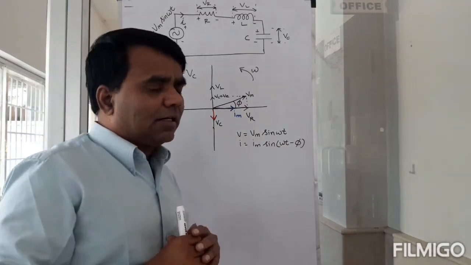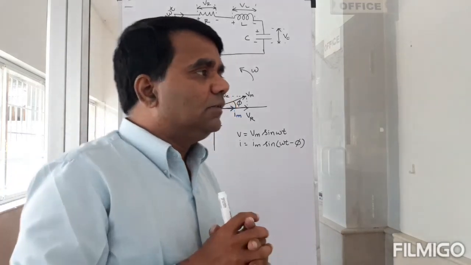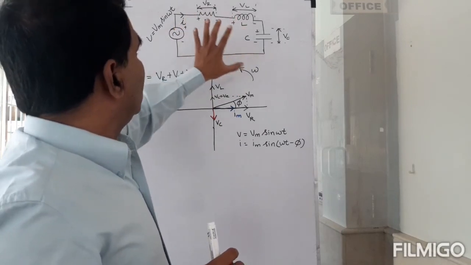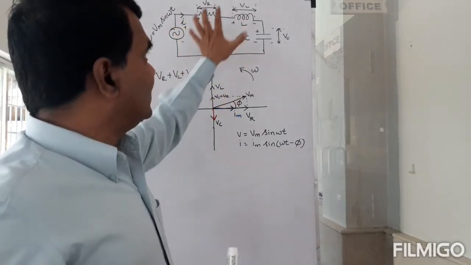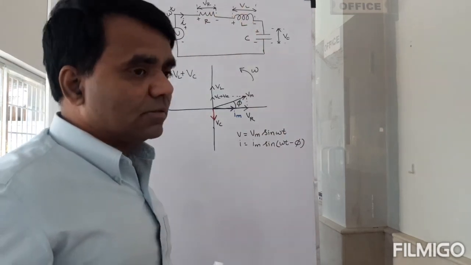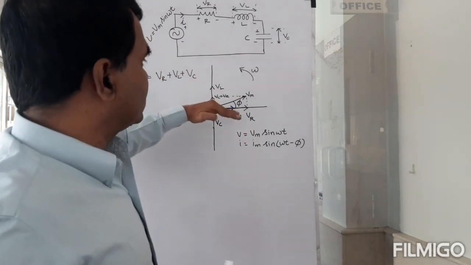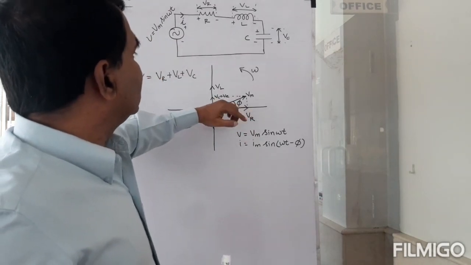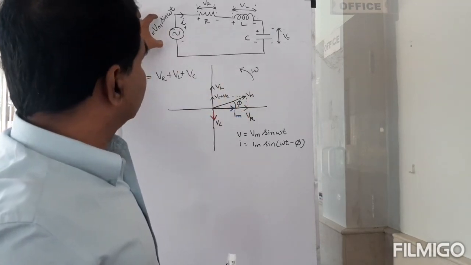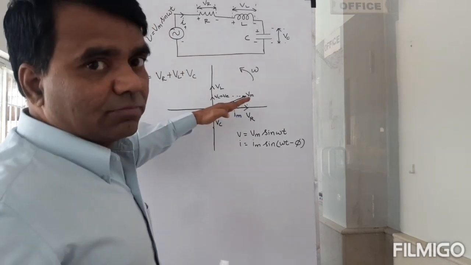That brings us to one conclusion. When you have a circuit that has all these elements, resistance, inductance and also capacitance, it is possible for the current to either lag or lead the applied voltage.